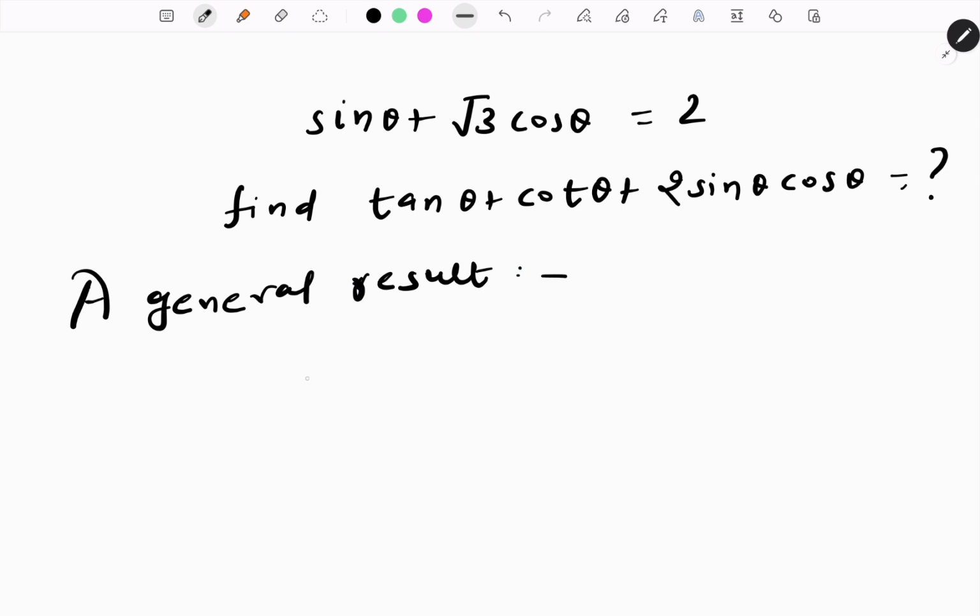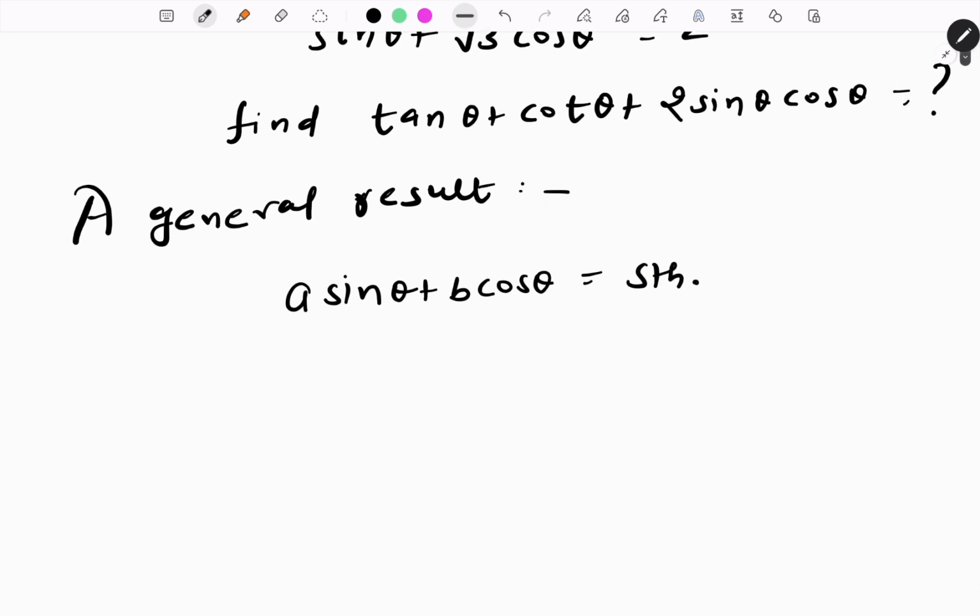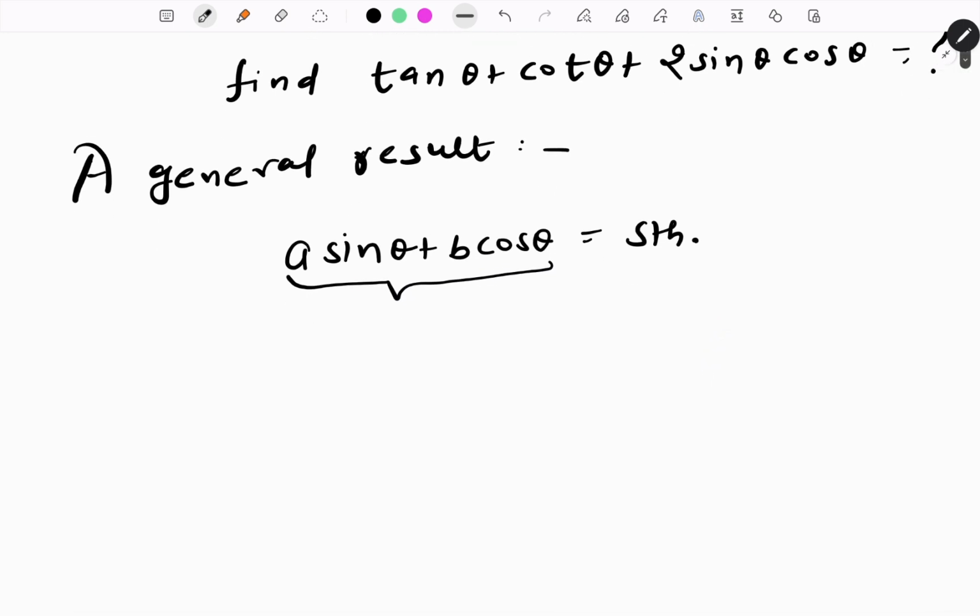If you have an equation that is a sine theta plus b cos theta equals something, we are particularly interested in this expression, that is a sine theta plus b cos theta.